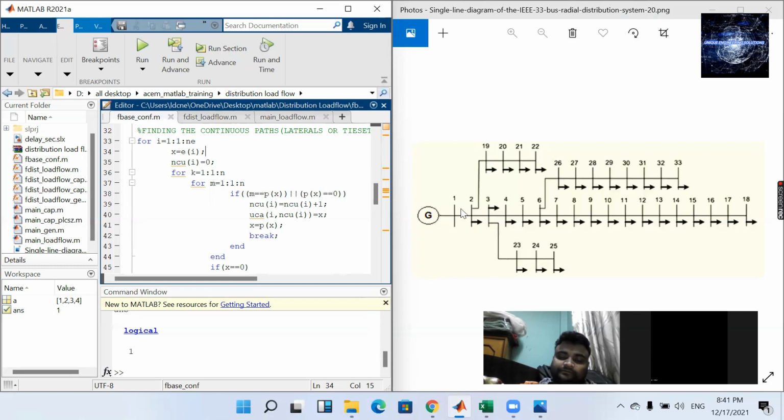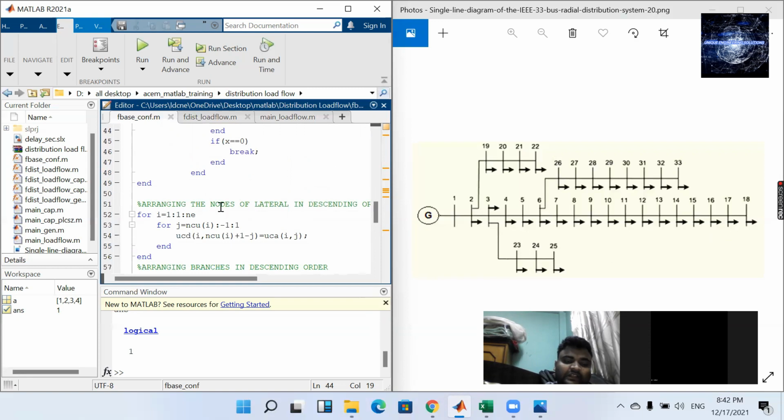And likewise, when it comes to the start node 1, the precedence node of the start node will be 0, and this lateral will come to an end. We have found all the components, all the buses which belong to this lateral. Then likewise we have earlier calculated all the in nodes, that is 4 in nodes. So after calculating for in node 18, this program will calculate for 22, again 25 and 33 and so on.